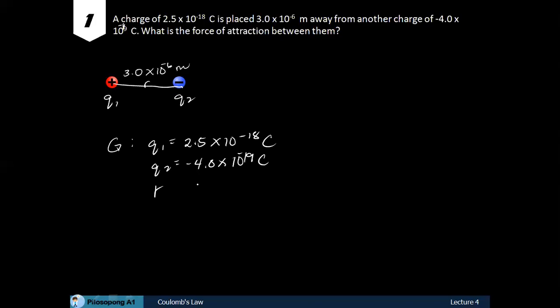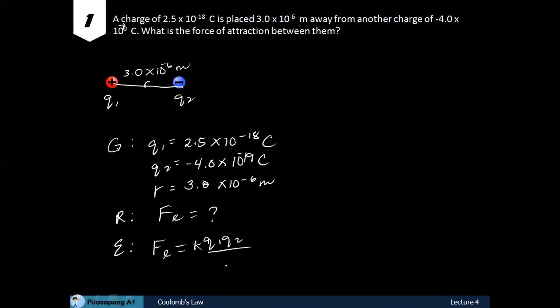And we have the distance 3.0 times 10 raised to negative 6 meters. And we are to look for the electrostatic force between the two charges. The equation simply is Fe is equal to K Q1 times Q2 over R squared. Let us substitute the values to our equation.